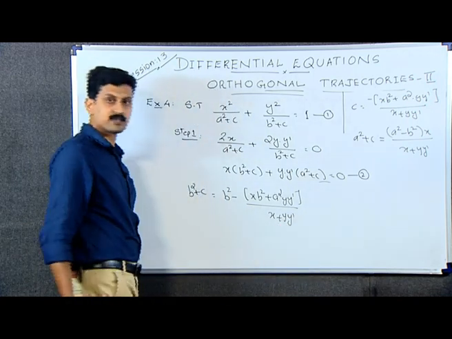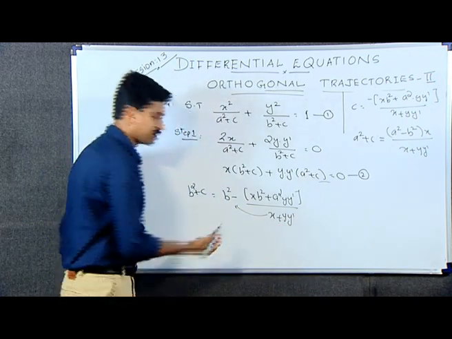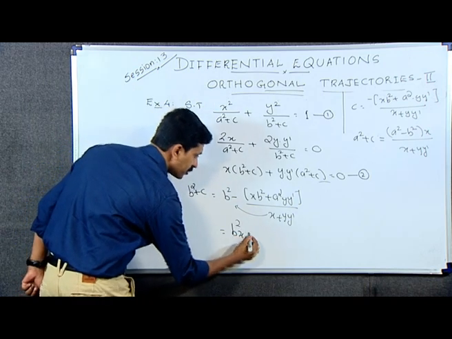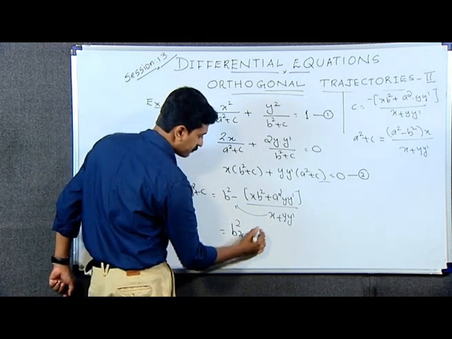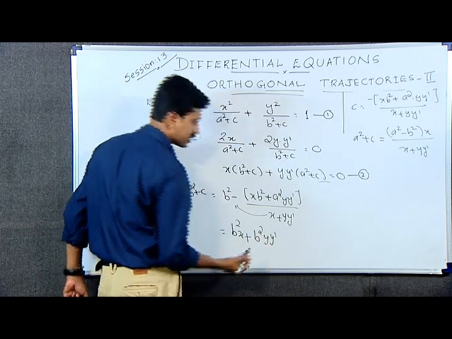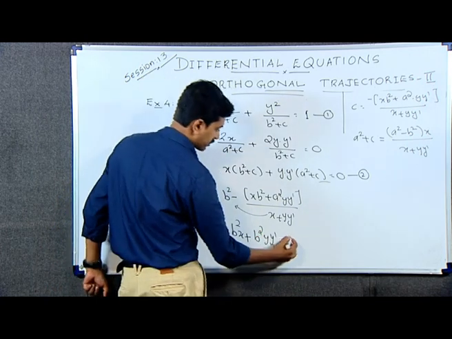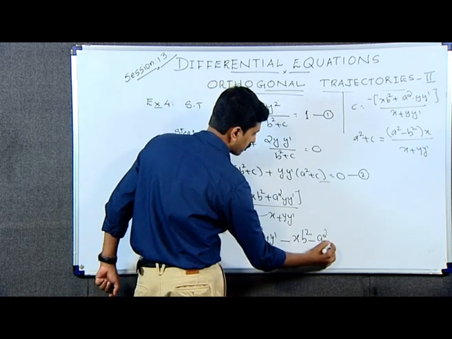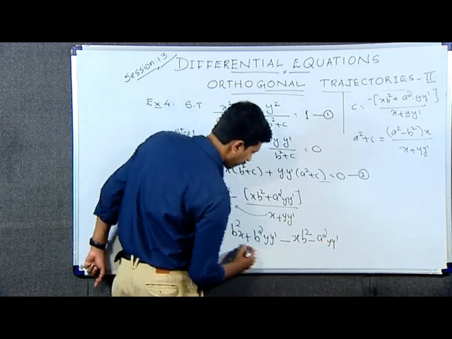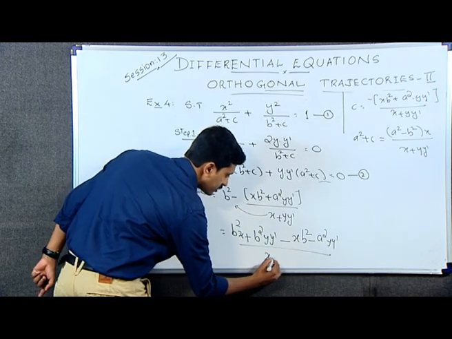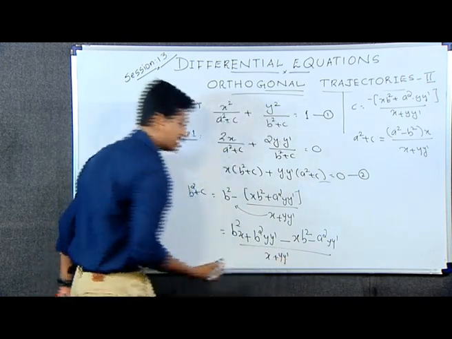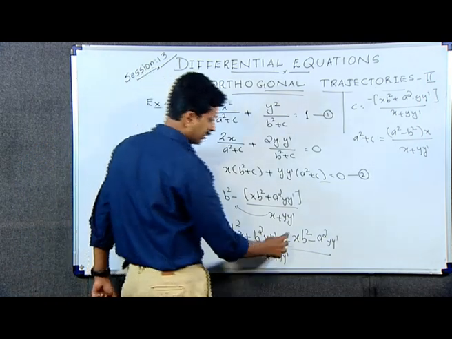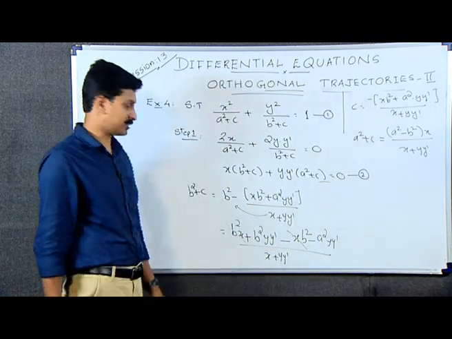So, we will have b square x plus b square y y dash minus x b square minus a square y y dash divided by x plus y y dash. Here we have plus b square x, and here we have minus b square x.